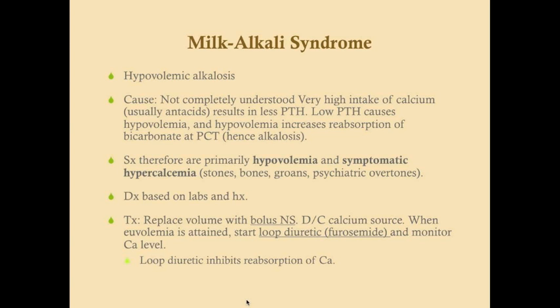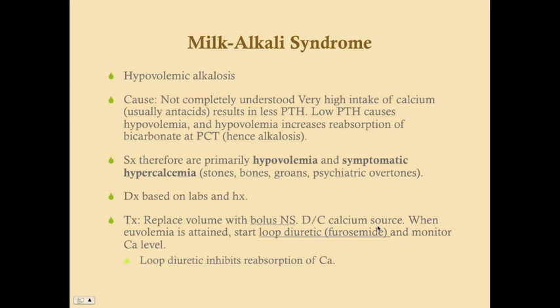Unlike most disease processes, I would recommend that you just memorize the symptoms and the treatment and don't try to get a deep understanding of the mechanism, because it is very complex and not completely understood. So rehydrate the patient, stop the calcium source, and then start a loop diuretic.